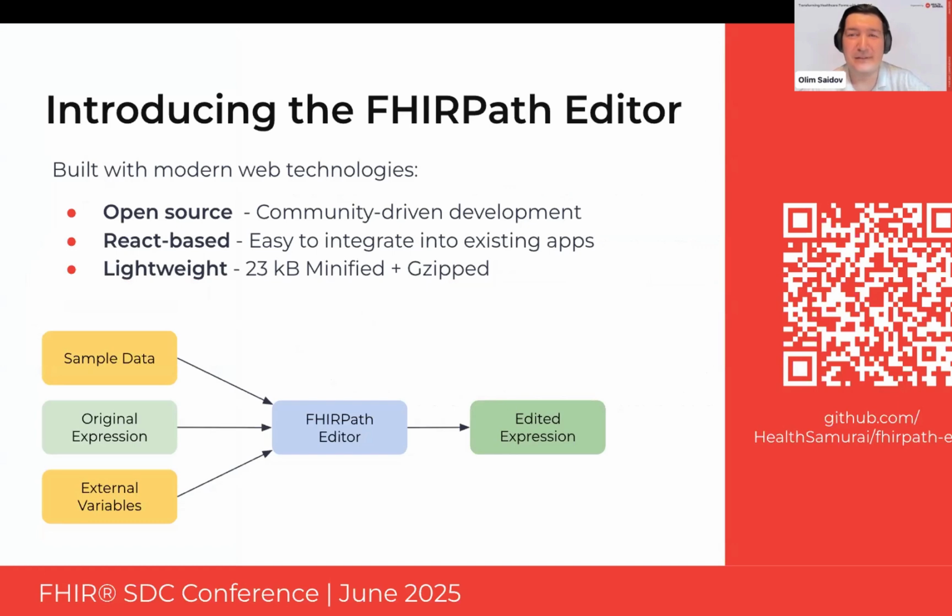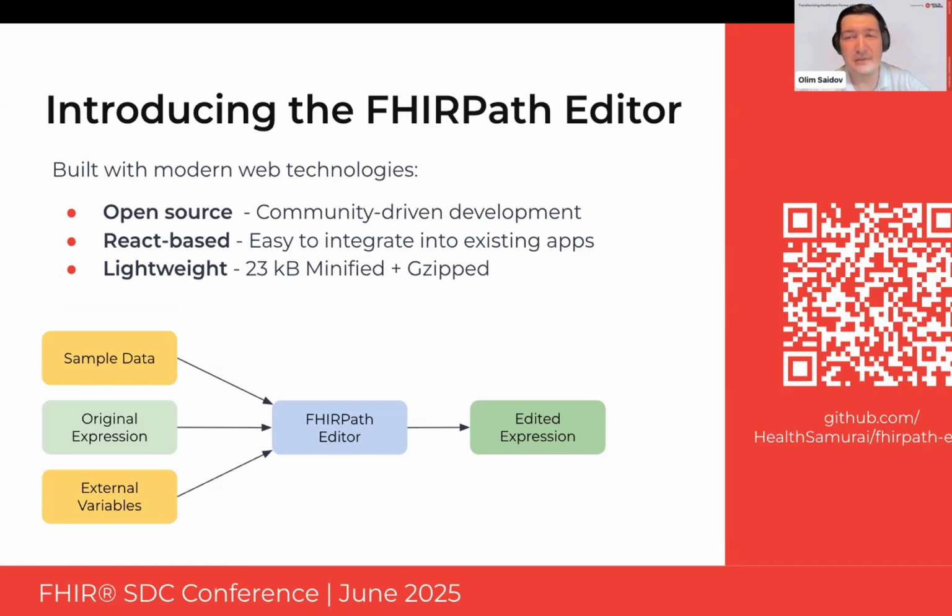So we have taken all these concepts and built them into an open source FHIRPath editor. It's a React component, so you can drop it right into your project where you want to provide FHIRPath editing tools for your users. The API is straightforward. You pass in your original expression and provide sample data for runtime, real-time evaluation.